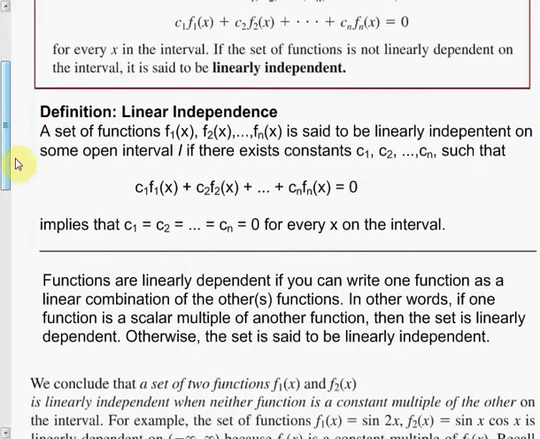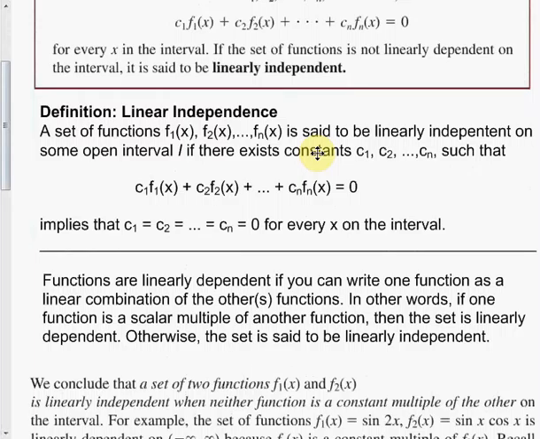Let's look at that. A set of functions, f sub 1 to f sub n, if we have here n functions, are said to be linearly independent on some open interval. The open interval is given some name, I, the same open interval from Calculus 1, by the way. In Calculus 1, you dealt with things like the mean value theorem, Rolle's theorem, and so that's the same interval.